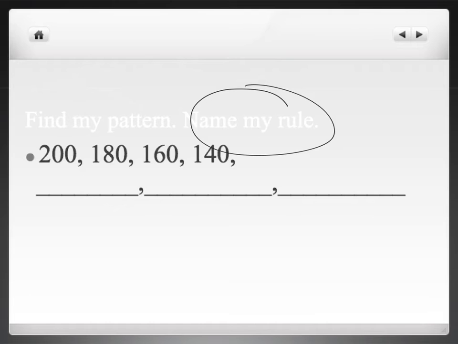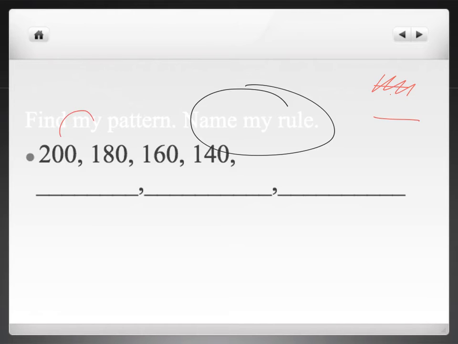Okay, hopefully you paused the video and you figured out the rule. So to find the rule, I have to find the relationship between these numbers here. So I can tell that right now my numbers are decreasing, which means I have to either be dividing or subtracting. Now I can't divide 200 by anything to make 180, so I'm going to have to be subtracting.